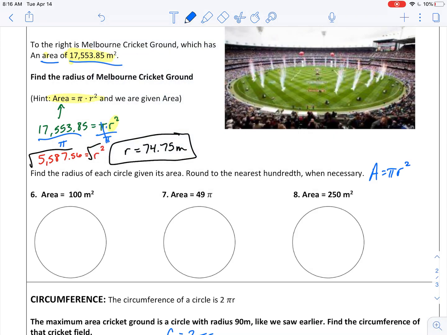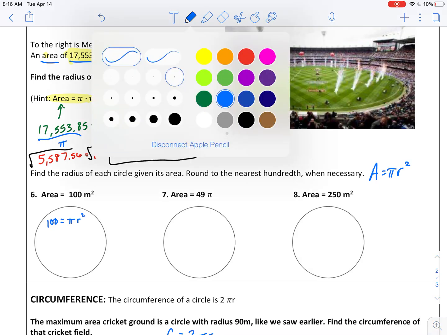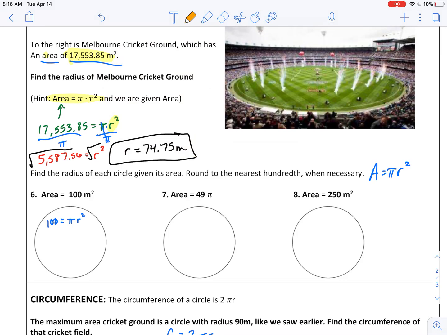So again, our process will always stay the same. We're going to divide by pi, and then we'll take the square root. So the area is 100 meters squared in number 6. So 100 equals pi r squared.